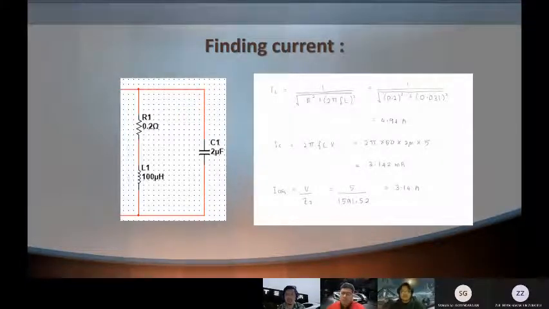The answer is 4.94 ampere, and IC is 2 pi FC times V. The answer is 3.1142 milliampere. I total equals V divided by Z total, which equals 3.14 ampere. Okay, that's all from me.